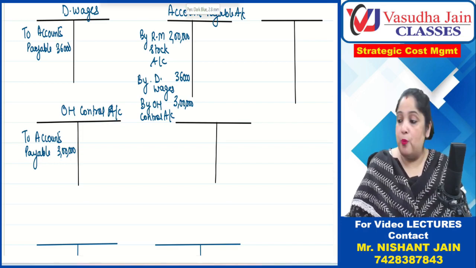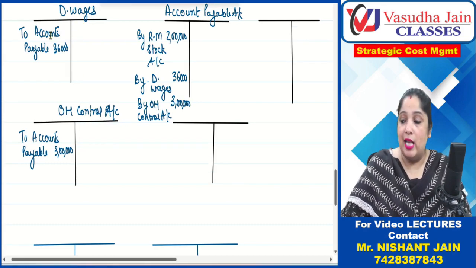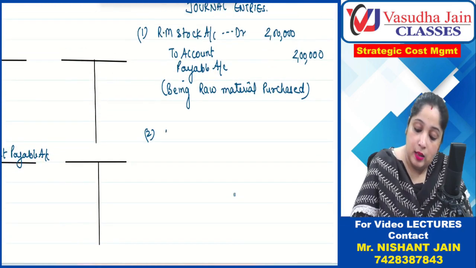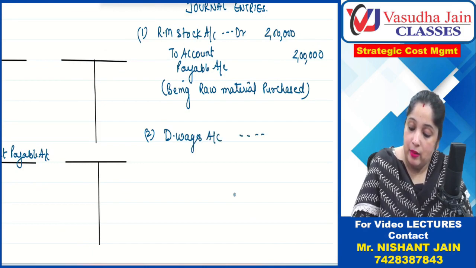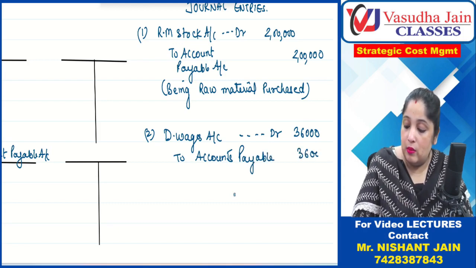Now we should also pass the journal entry simultaneously. First entry, direct wages has been debited and accounts payable has been credited with 36,000. So let me write the same also here. Direct wages account debited with 36,000, to accounts payable 36,000.